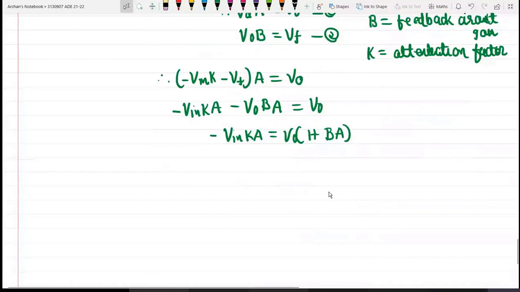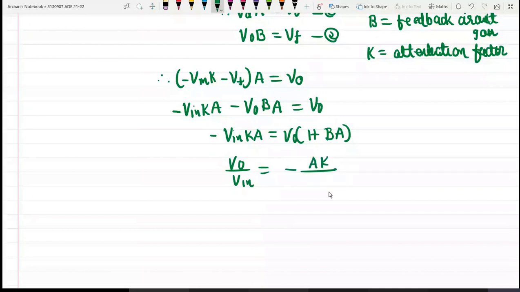So V0 by Vin is equal to minus AK divided by 1 plus BA. So this is the transfer function of the practical inverting amplifier.